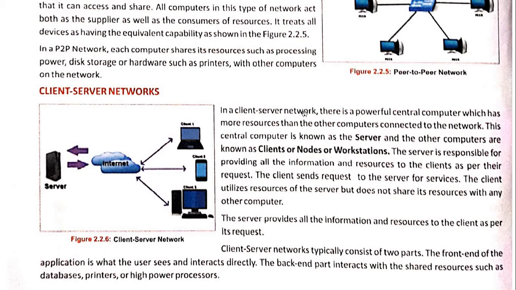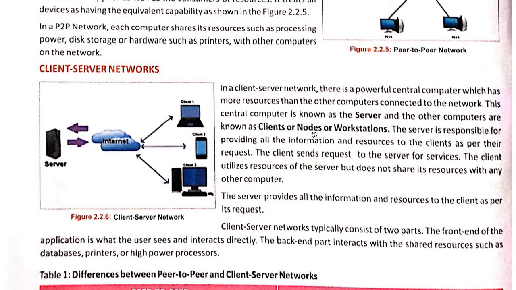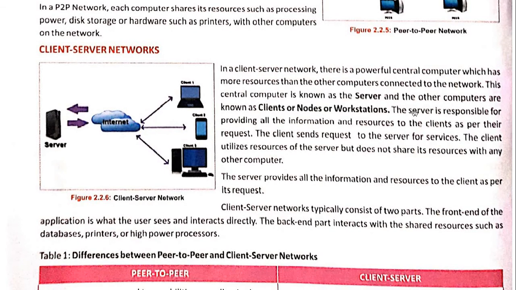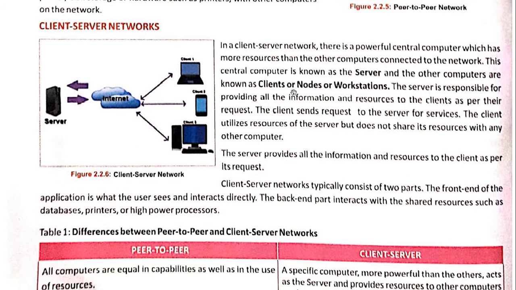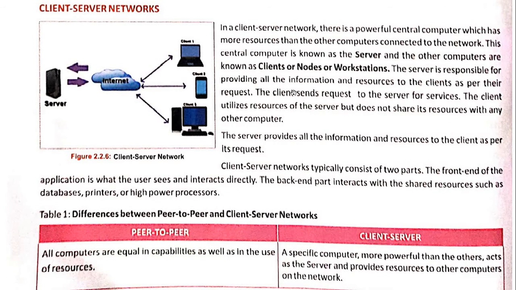So in a client server architecture, there is a powerful central computer which has more resources than the other computers connected to the network. This central computer is known as the server, and the other computers are known as clients, nodes or workstations. The server is responsible for providing all the information and resources to the clients as per their request.